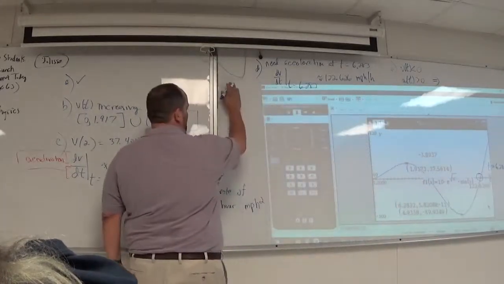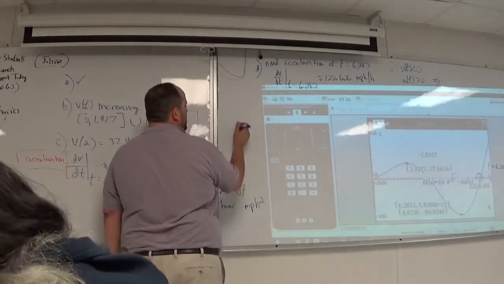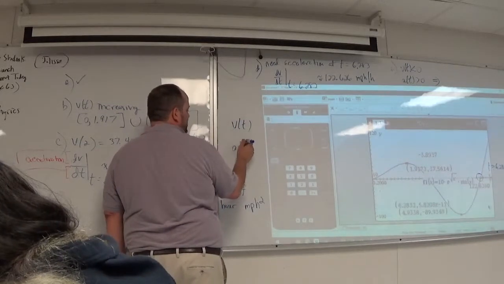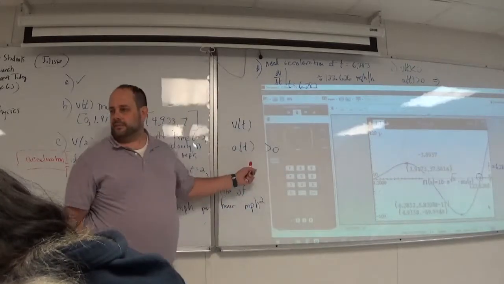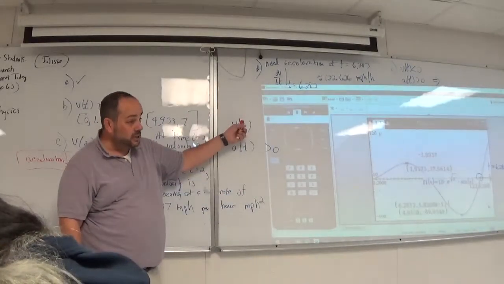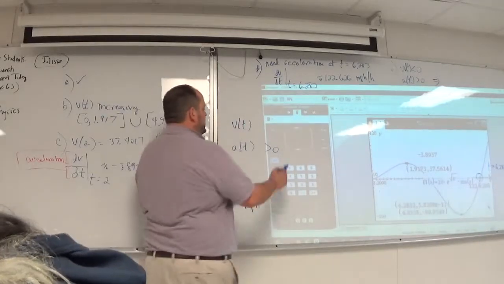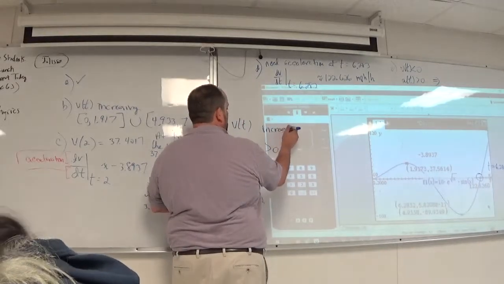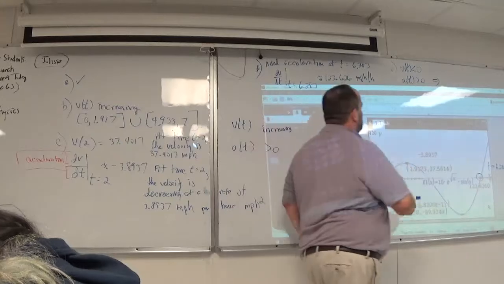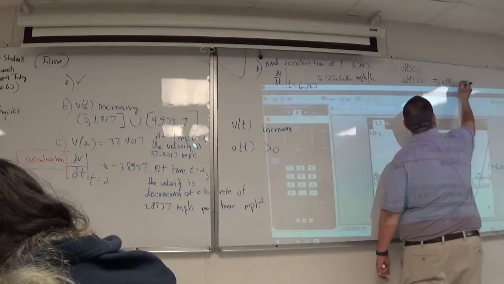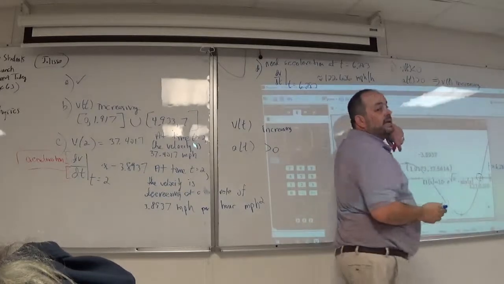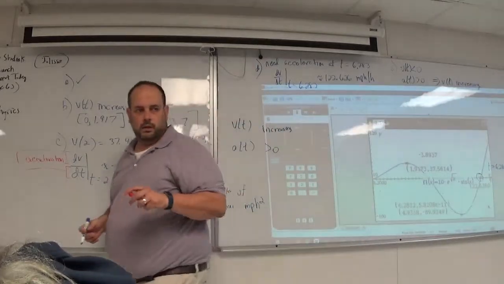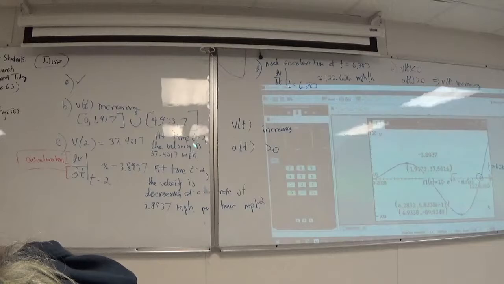So if instead of f prime, f double prime, we're thinking about velocity and acceleration, and acceleration's positive, what's the velocity doing? Increasing. So all I need to know is when is the velocity increasing and at the same time negative. Go get that interval. You've got to make that connection between acceleration and velocity for this to work.